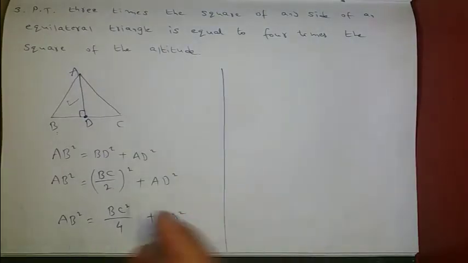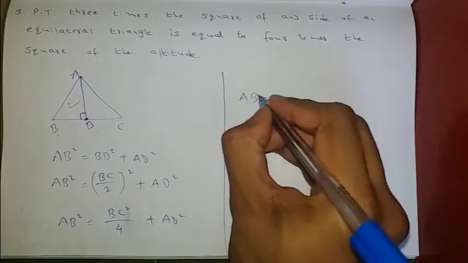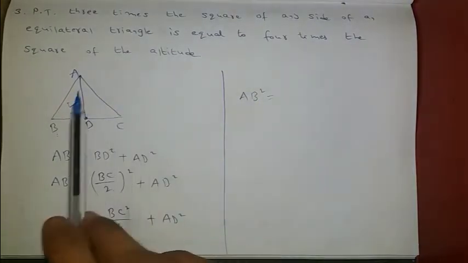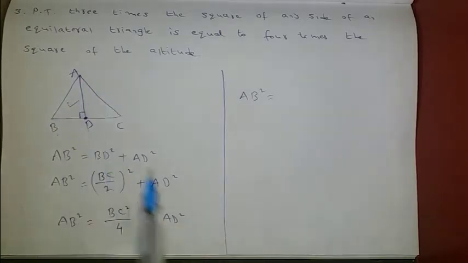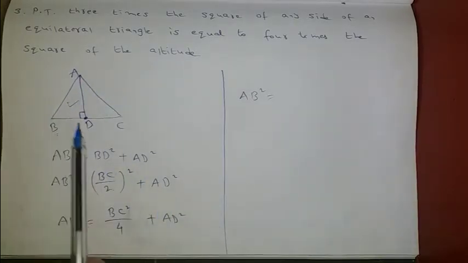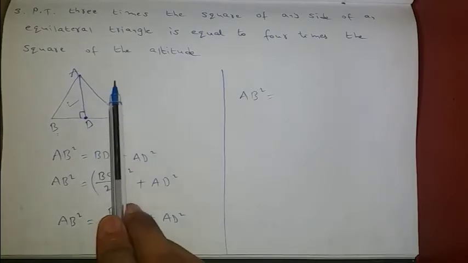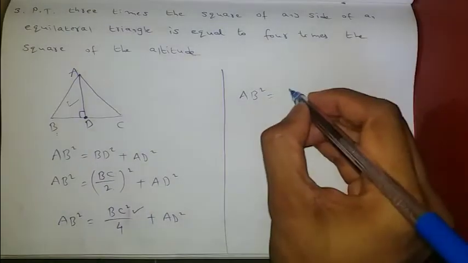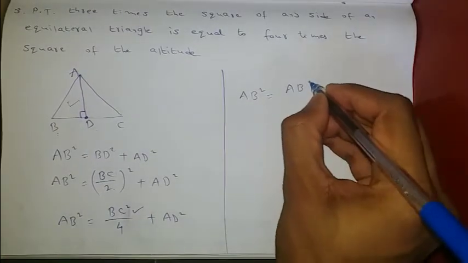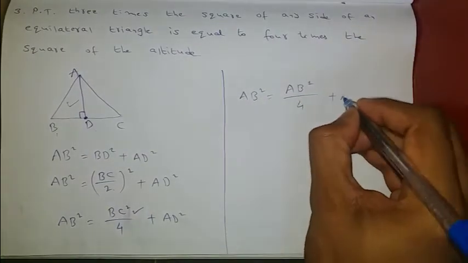Next, AB square is equal to, now this triangle is an equilateral triangle, so it means all the sides are equal to each other. AB is equal to BC, which is also equal to AC. So now in the place of this BC, again I will write AB whole square by 4 plus AD square.